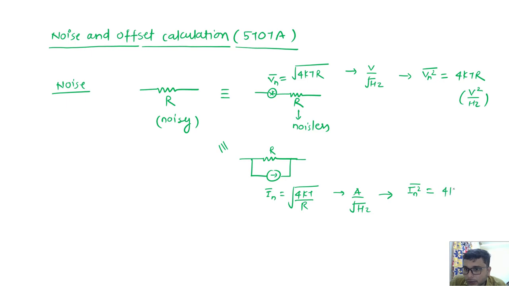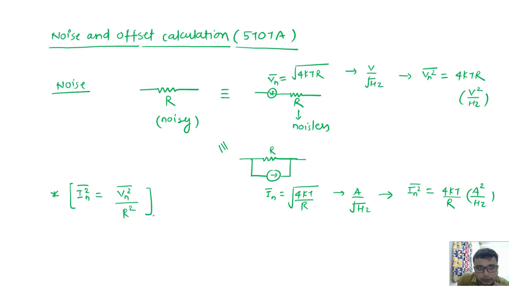And the noise power in terms of current is 4kT by R, ampere square per hertz. The relation between IN square bar and VN square bar, meaning the averaged current square, is nothing but VN square equals IN square times R square.